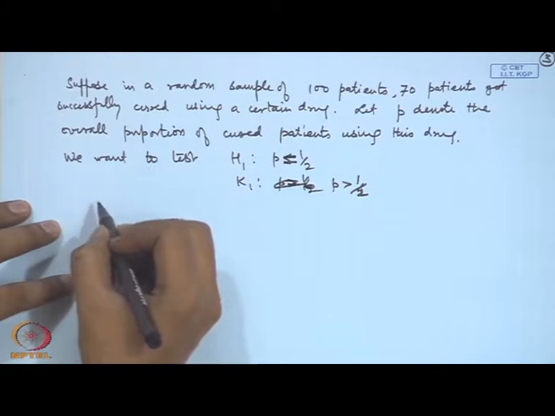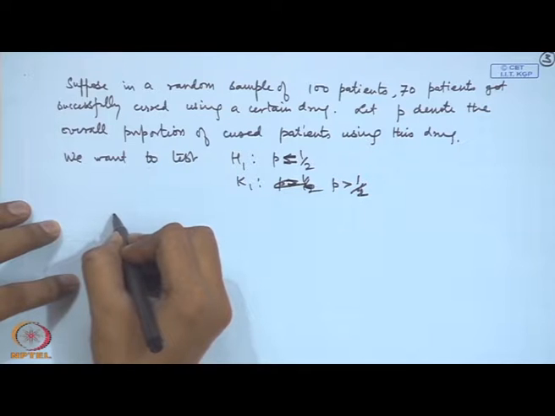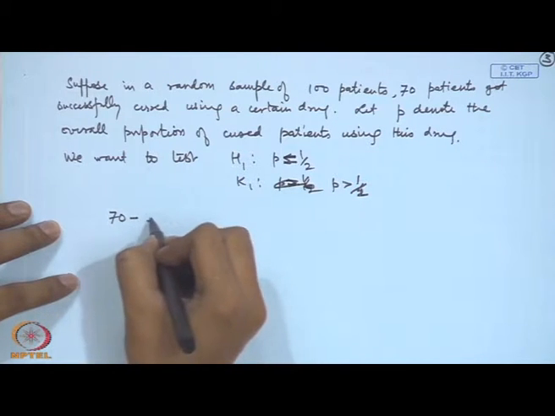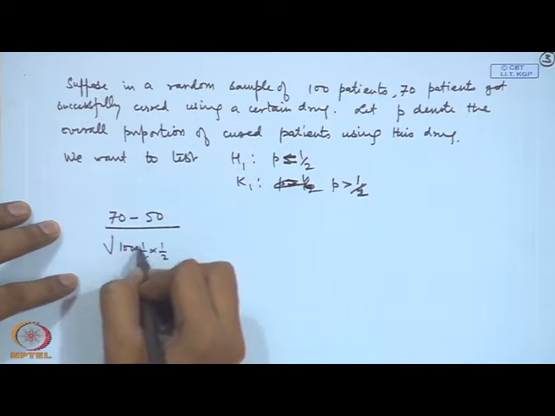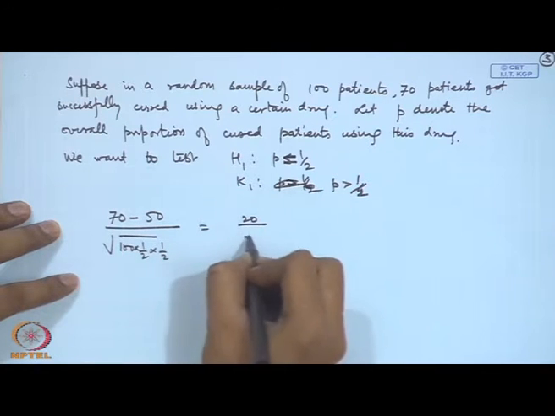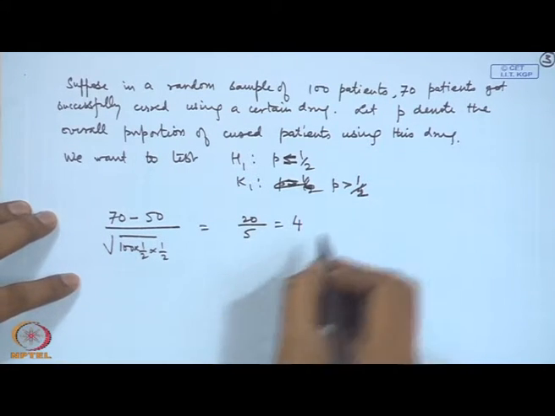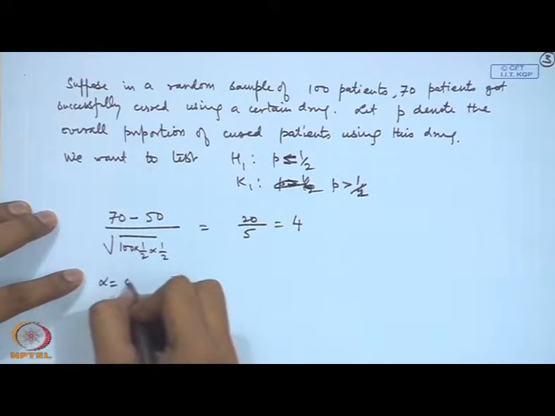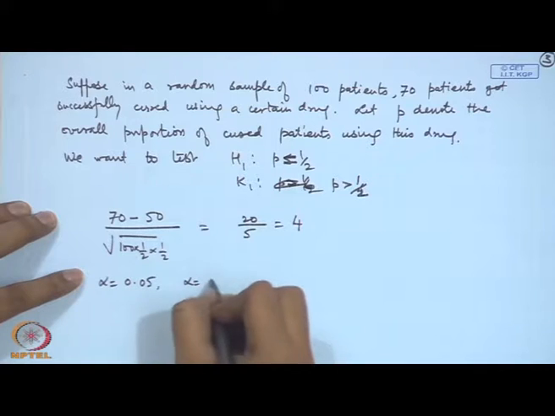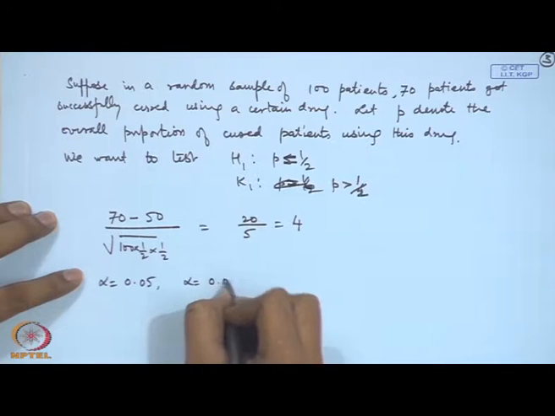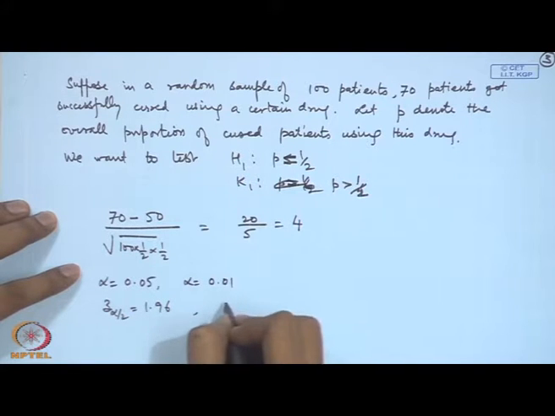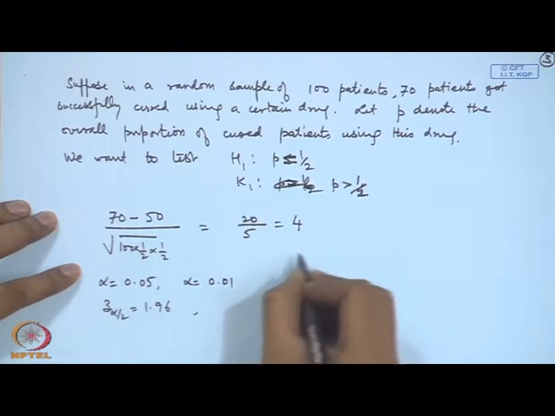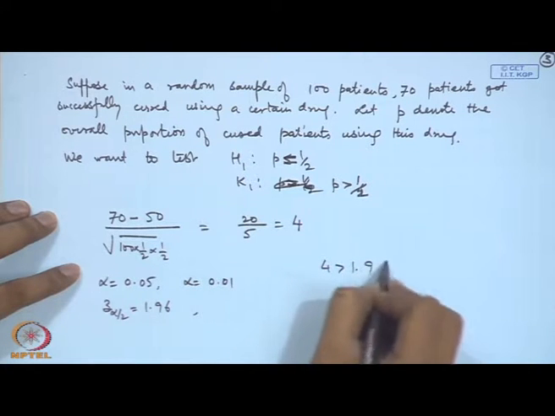In that case, the test statistic will become 70 minus 50 divided by root of 100 times half times half. So, that becomes 20 divided by 5, that is equal to 4. So, if I consider alpha equal to 0.05 or alpha equal to 0.01 etcetera, then we see that z alpha by 2, for example, here is 1.96 and so on. Certainly here 4 is greater than 1.96.